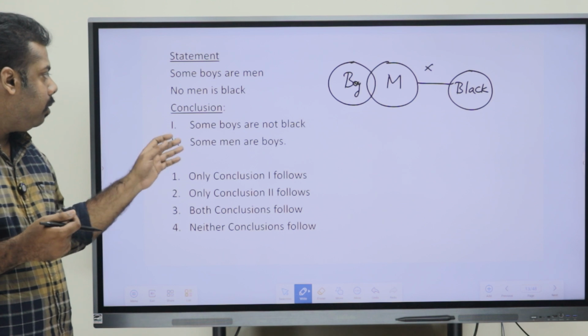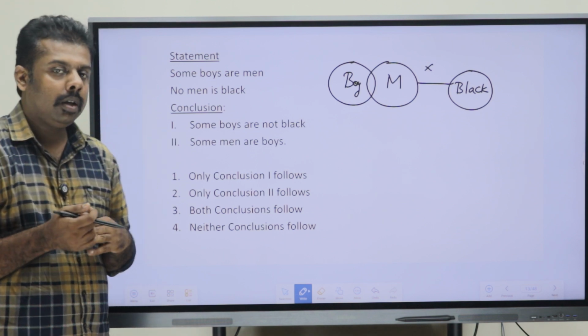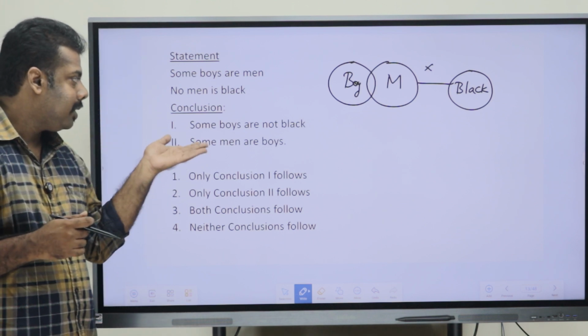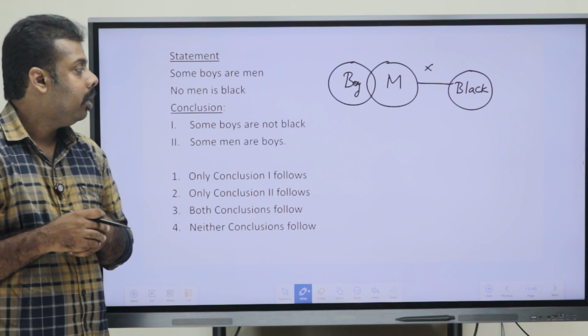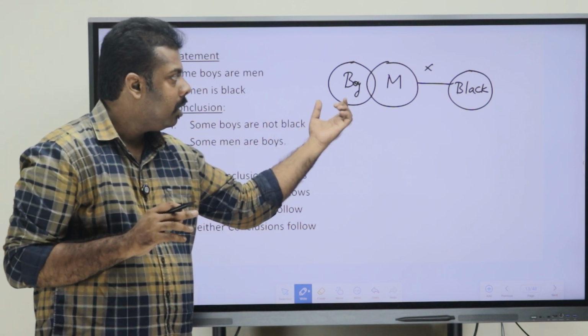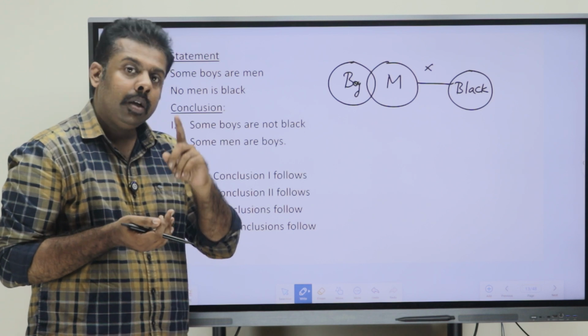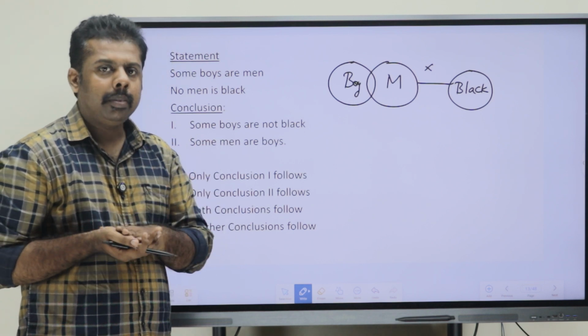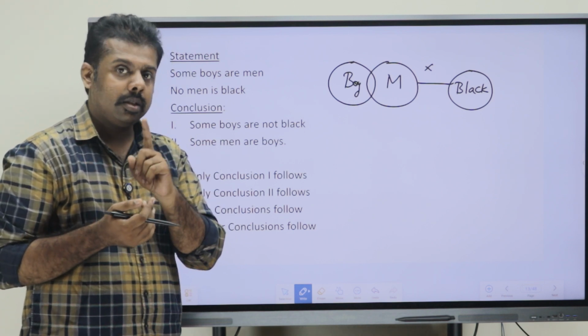Now just discussing the conclusion part here. What does the first conclusion say? Some boys are not black. So is it right or wrong? Some boys are not black. I think in the previous question we have already discussed this concept.